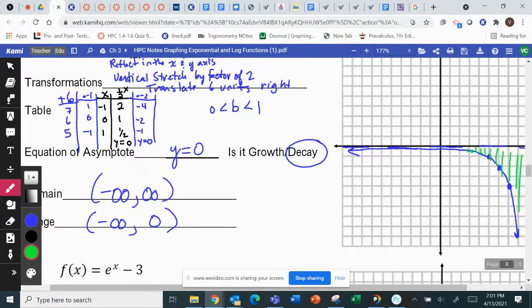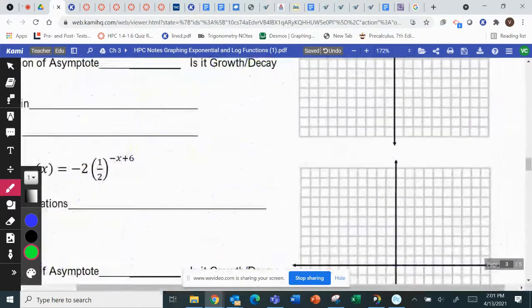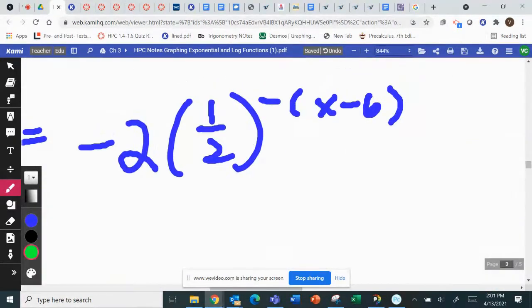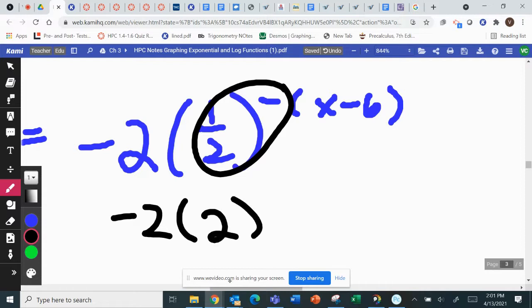And the reason why you could argue that it is growth is, let me zoom in right here. What is 1/2 to a negative number? So if I use 2 to the x minus 6, would I get the exact same answer? Would I?